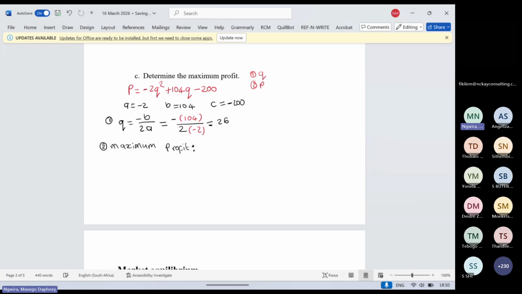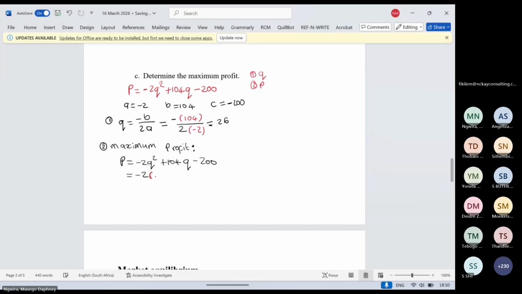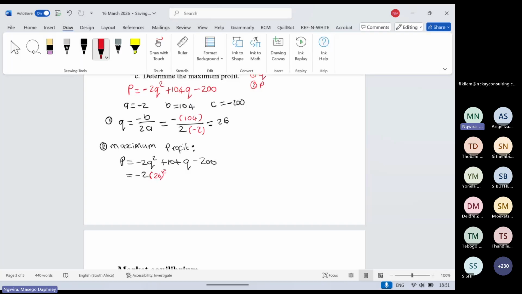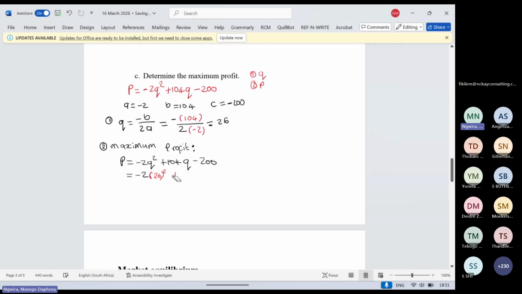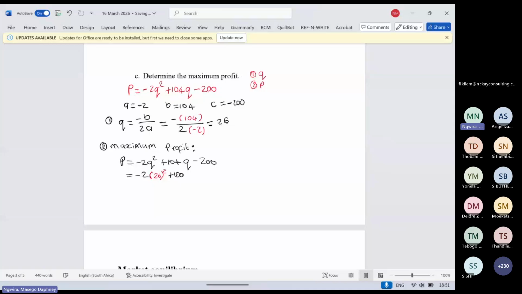Maximum profit. Remember, P equals negative 2Q squared plus 104Q minus 200. So now we are going to substitute. We have negative 2 times 26 that we obtained from the first step, all squared, then plus 104Q.